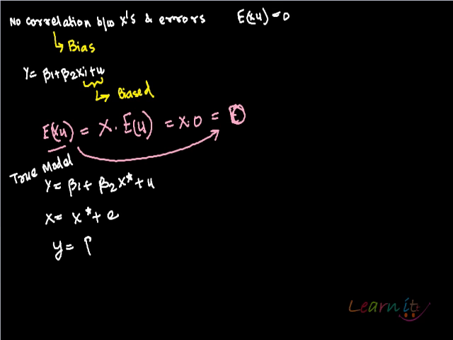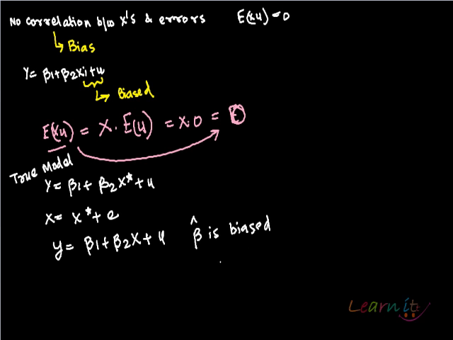So if you estimate using x instead of x star, it will have correlation with the error. So beta is going to be biased. Your beta hat is going to be a biased estimator.